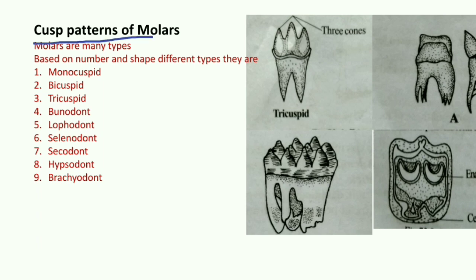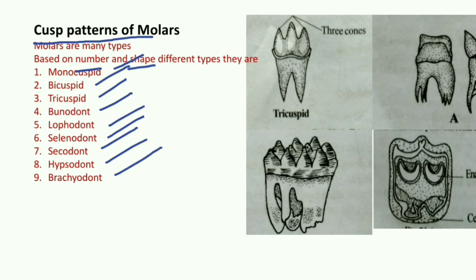The molars show many types of cusps on their surface, based on number and shape: monocuspid, bicuspid, tricuspid, bunodont, lophodont, selenodont, secodont, hypsodont and brachyodont. So a total of nine types of cusps are present in molars.